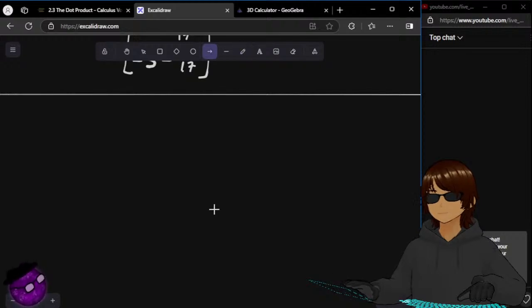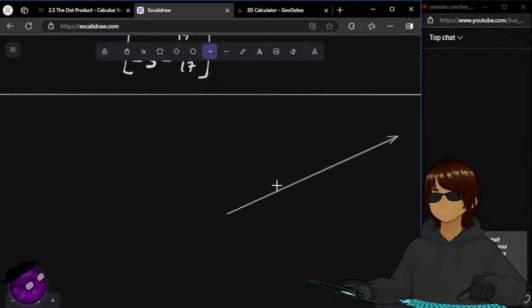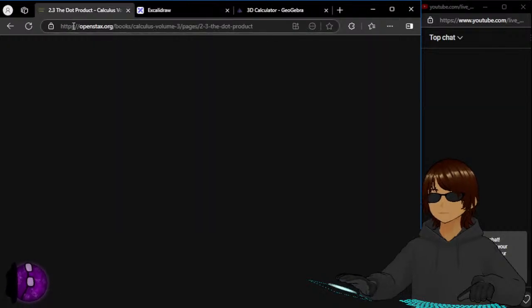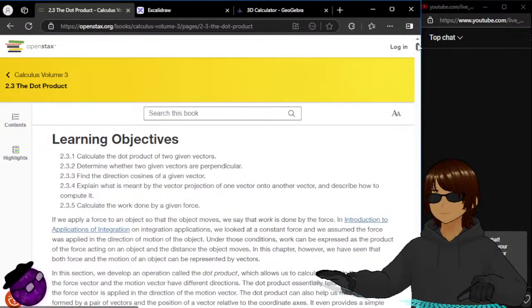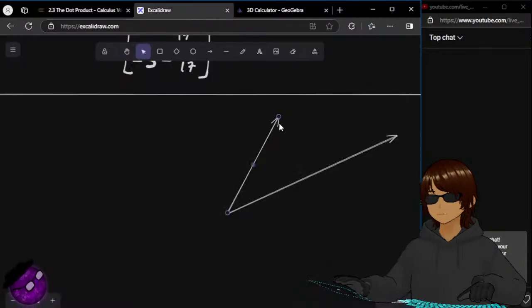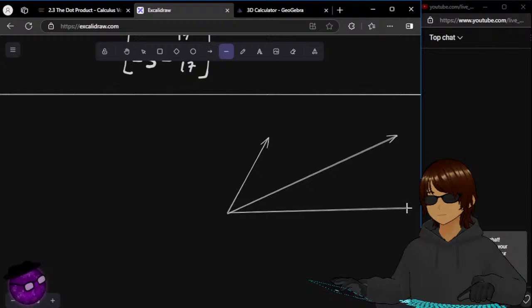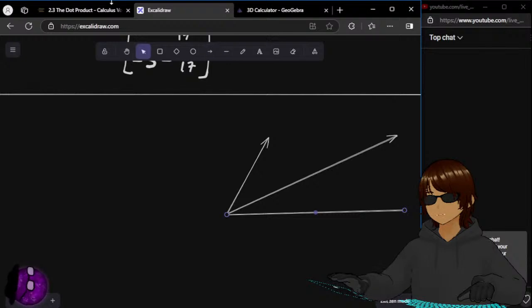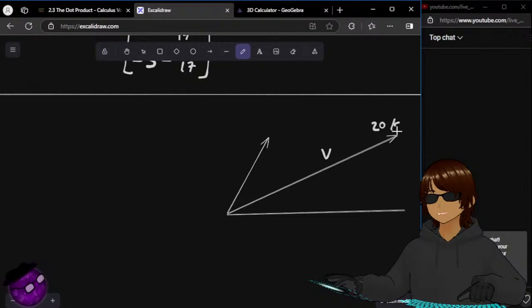So we have this, and then we have V, which is 20 knots.